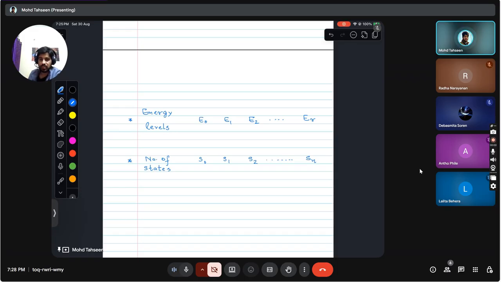It basically shows vacancy. An energy level E0 can at most accommodate S0 number of fermions, or S0 number of particles. Similarly, an energy level E1 can at most accommodate S1 number of particles, not more than that. So this is the difference between the earlier classical distribution and this distribution.